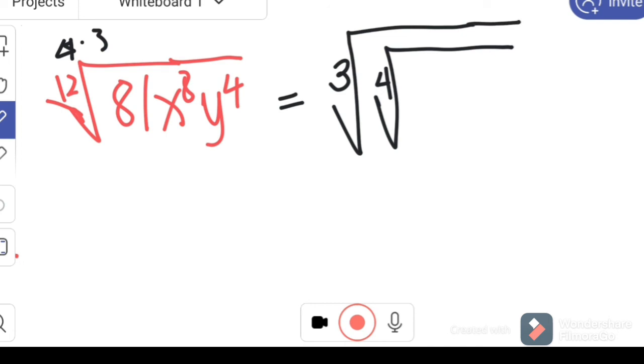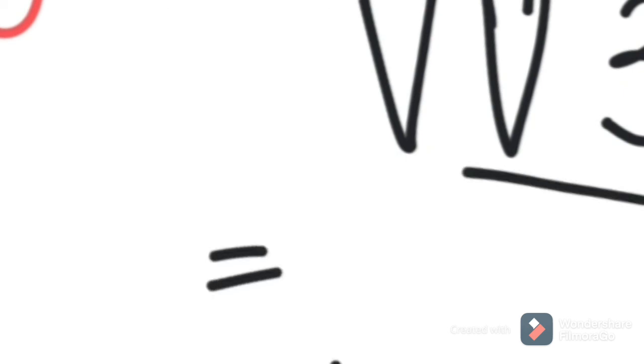And then we simplify the 81. That would be 3 times 3 times 3 times 3 is 81. So 3 raised to 4. And then we have x raised to 8 and y raised to 4. Simplify the inner radical.